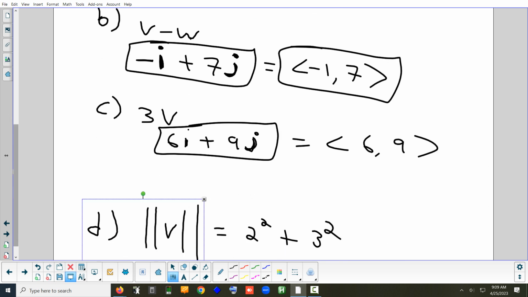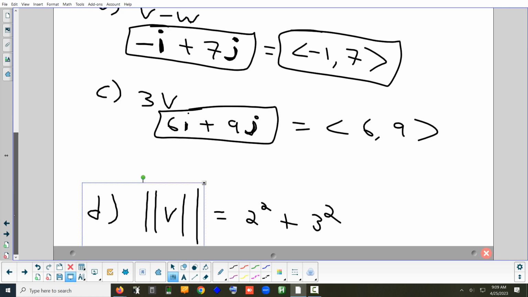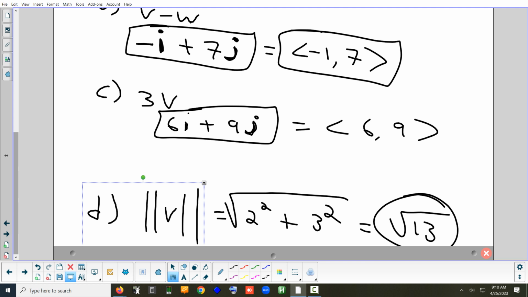So I have to square them, add them up. I got to do one more thing. Yeah. Take the square root. So these are two sides of a triangle, and you're using the Pythagorean theorem to get the hypotenuse. And what's that going to give me? Square root of? Yeah, 13. So you can leave it just like that. If they want a decimal, you just type it in and get your decimal.